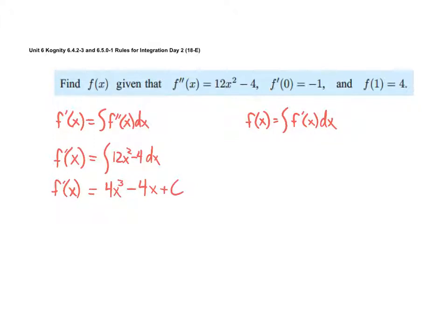Alright? Here though, since we're given a point on the derivative, I can plug in 0 for x and negative 1 for f prime of x. So 4 times 0 cubed minus 4 times 0 plus c. c is negative 1, which means my first derivative is 4x cubed minus 4x minus 1.